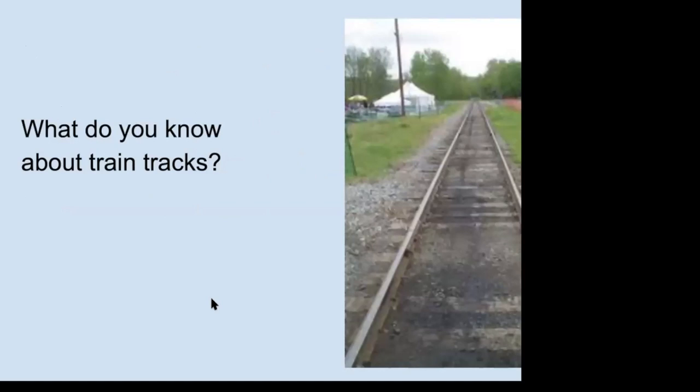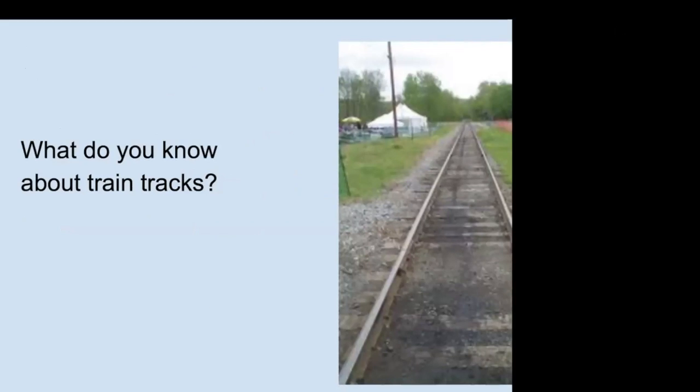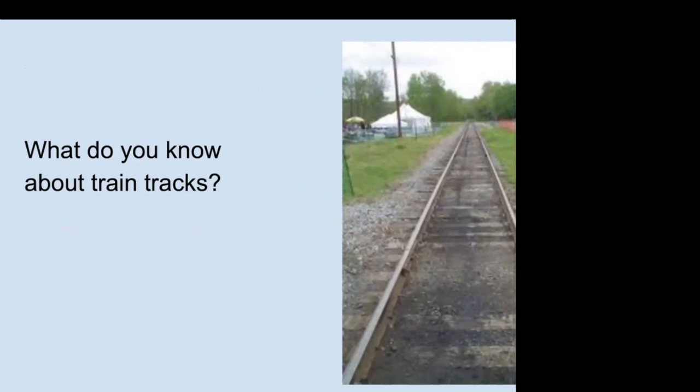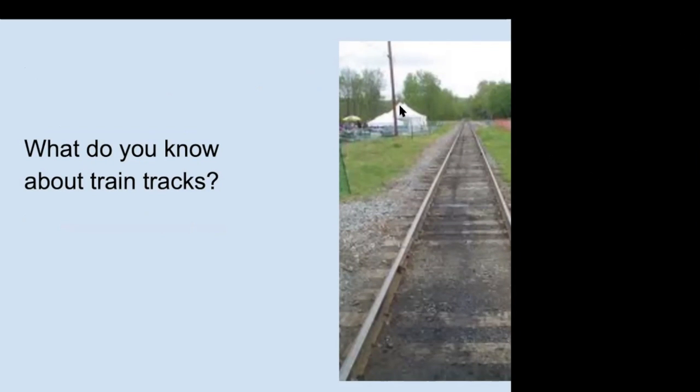So the first thing I want to do is discuss, what do you notice about these train tracks and how they are placed and how they're made? The lines are parallel. The lines are parallel, and I'm going to take that further. What does it mean to be parallel?